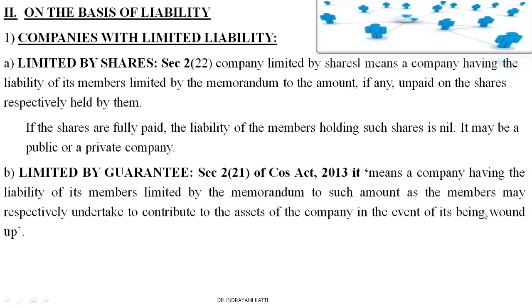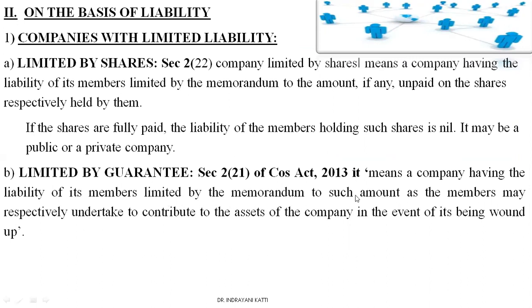It means at the time of liquidation of a company, when a company is going to be wound up, right? When you are going to close the shutters of such a company, at that time the members specify a certain sum of money in the memorandum. They are held responsible for the payment of that amount. Okay. So such amount is specified in the memorandum itself, right?